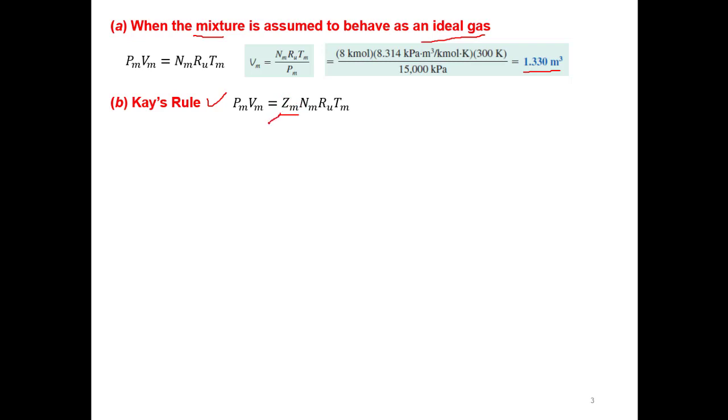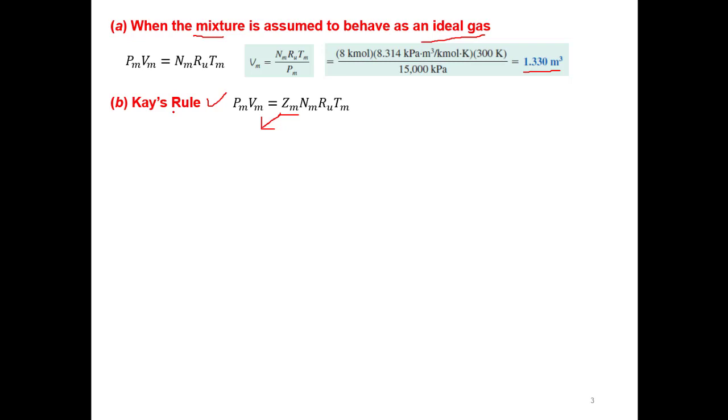So how do we calculate Zm based on Kay's rule? That's the point here: how can we calculate the compressibility factor using Kay's rule. Up till now, you have calculated the compressibility factor for a single component, like nitrogen.